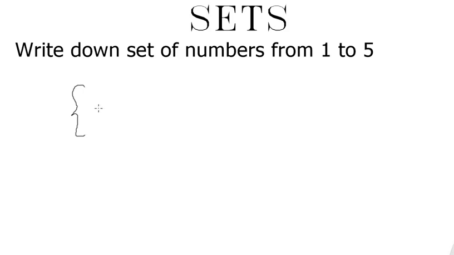So we're going to have 1, comma, 2, comma, 3, comma, 4, comma, and 5. So 5 is the last element. And what follows after the last element? We close the set using the same type of curly bracket, this time facing the other way. And that is how we write a set of numbers from 1 to 5.